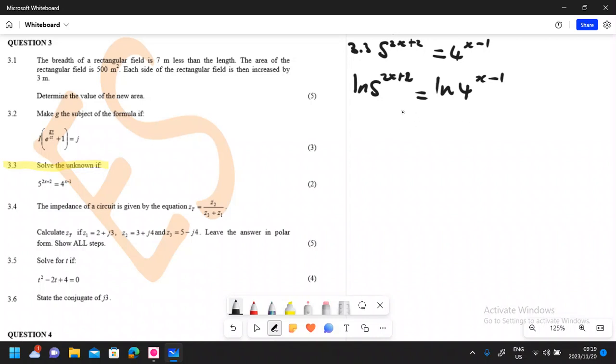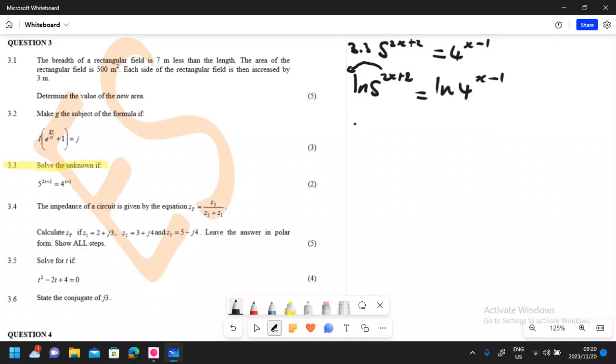Right, so this is what you should do. But then from here, the next thing that you must do now is to apply the law where we take the exponent to the front. I did explain it when we were solving 3.2, so I'm not going to explain it again. Okay, so let's do it.